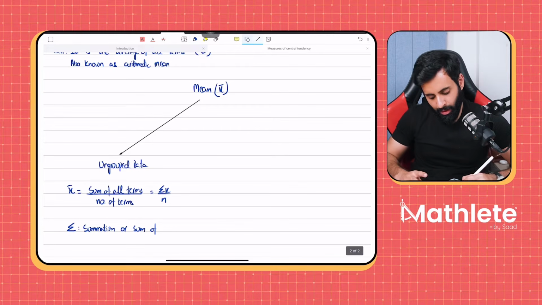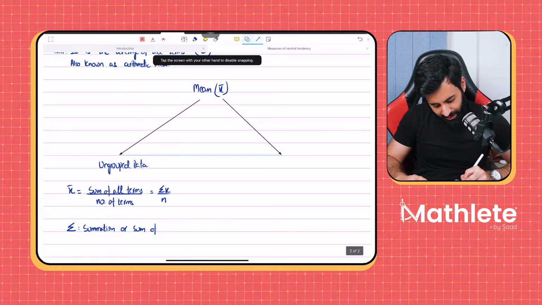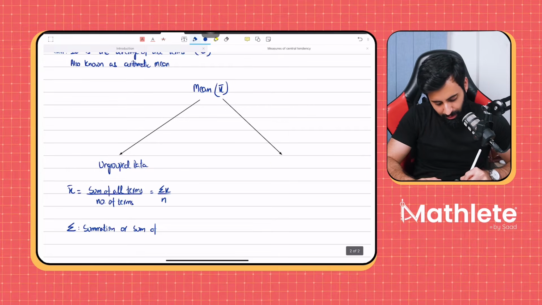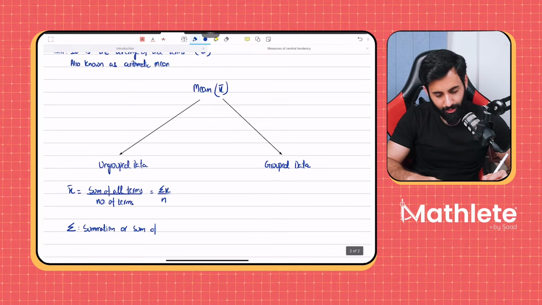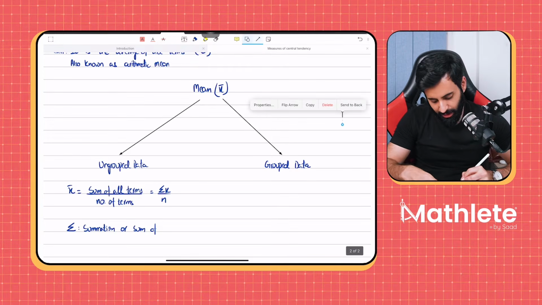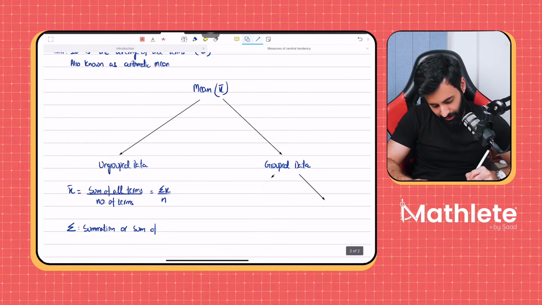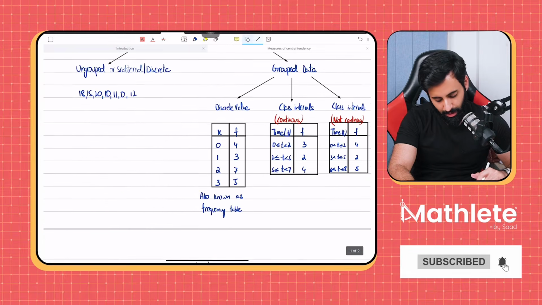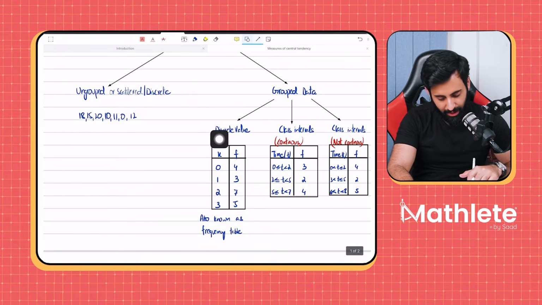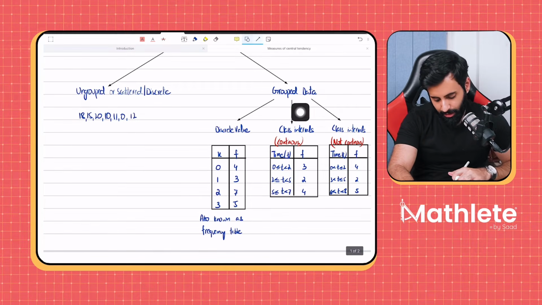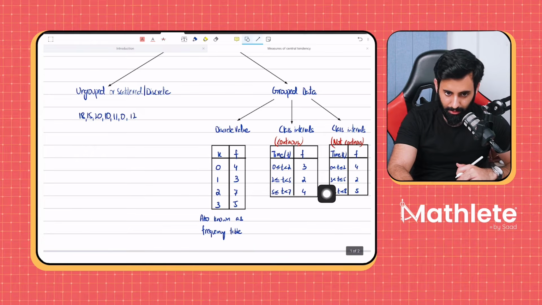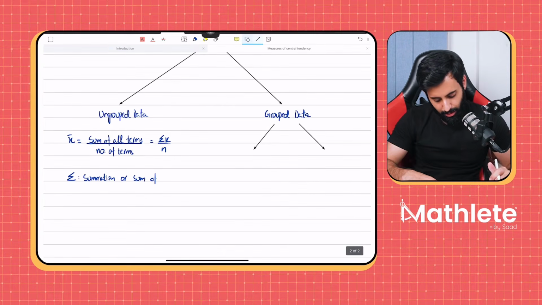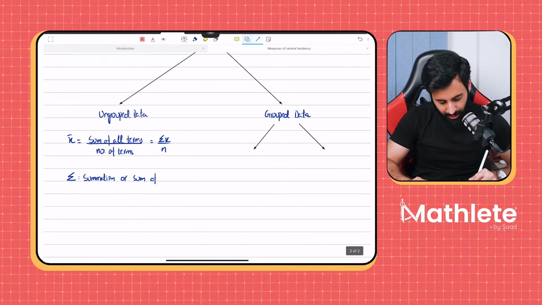Things get slightly complicated when you have grouped data to deal with. Especially if you have grouped data with discrete values and grouped data with class intervals. Remember, grouped data can be of discrete values and grouped data can be in class interval form. So what do we do when we have discrete values?